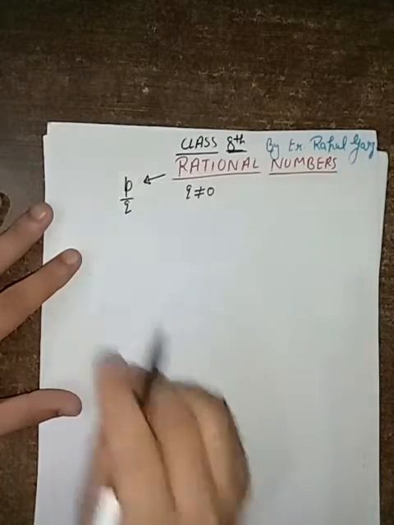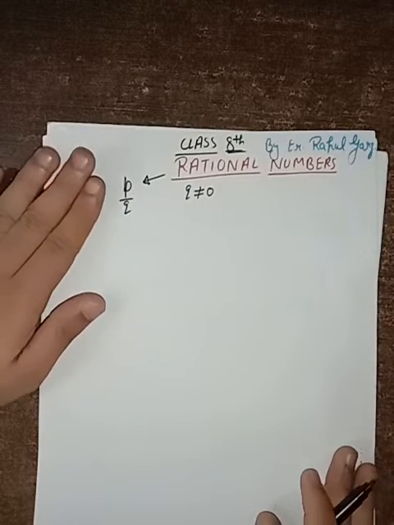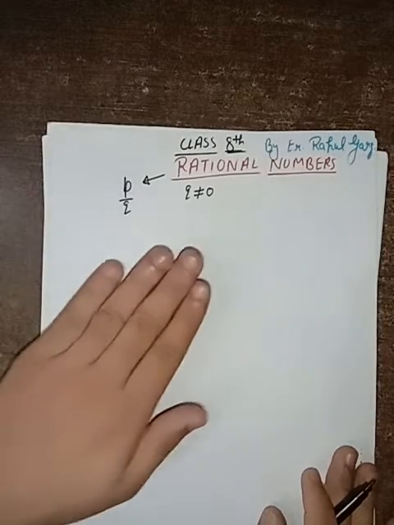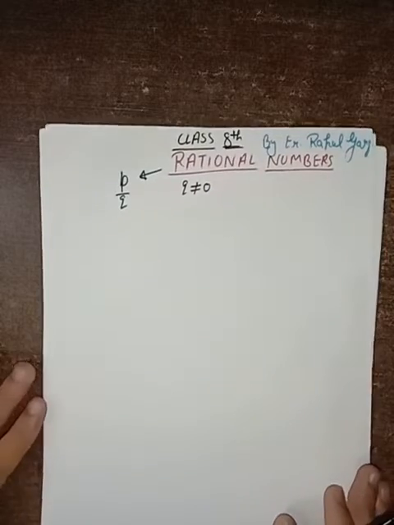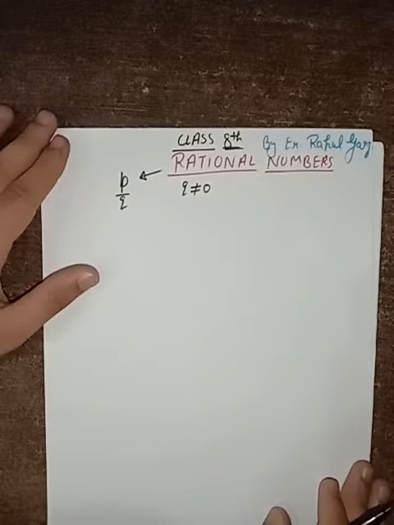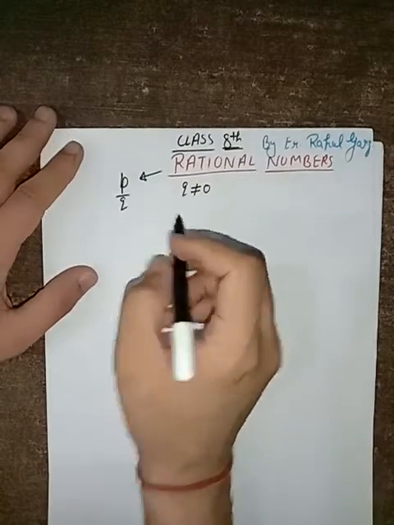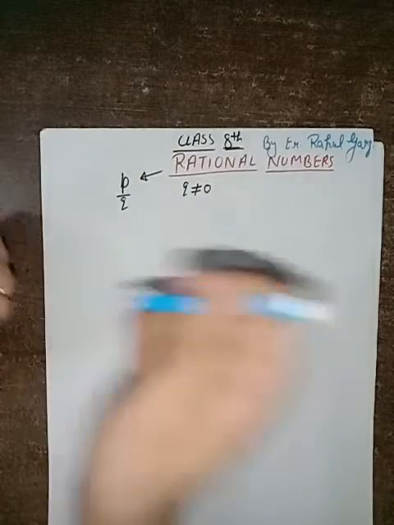Means every number which we can write in p by q form, and q is not equal to 0, is a rational number. Example, 2 by 3.